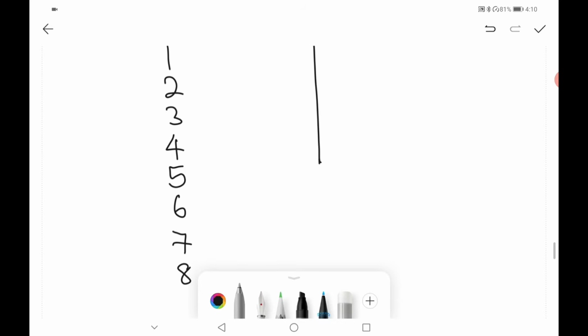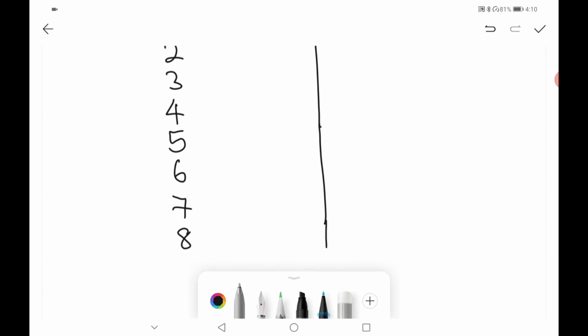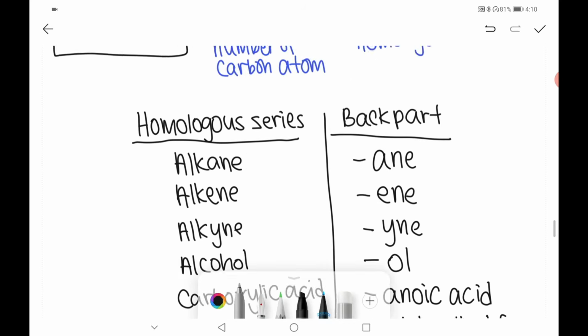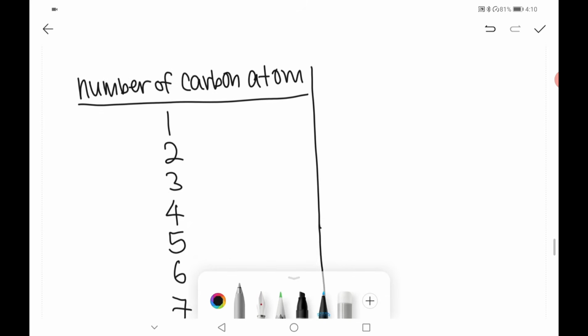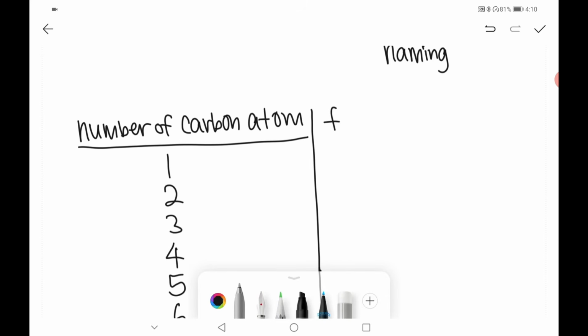So this is the front part. How to memorize it?